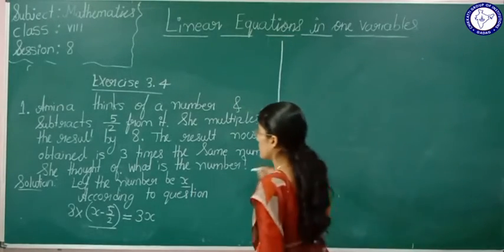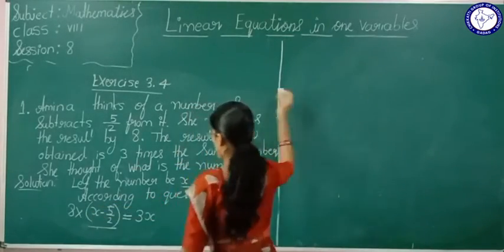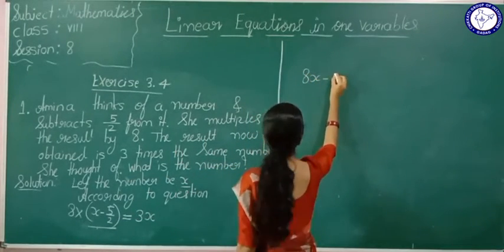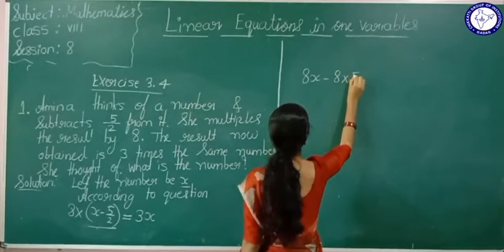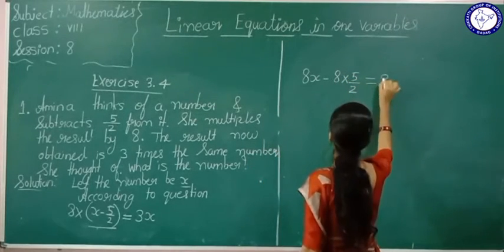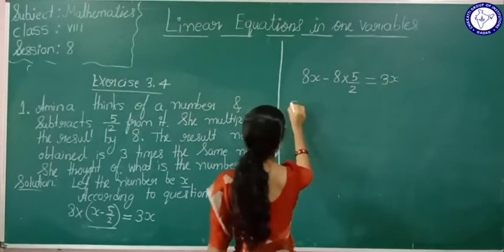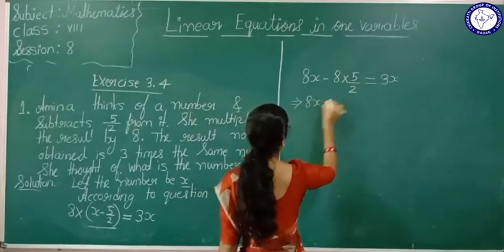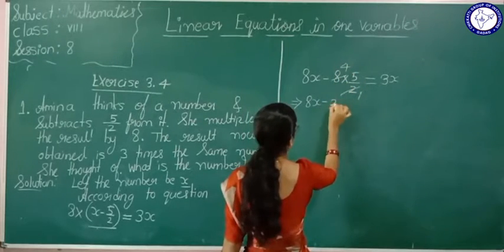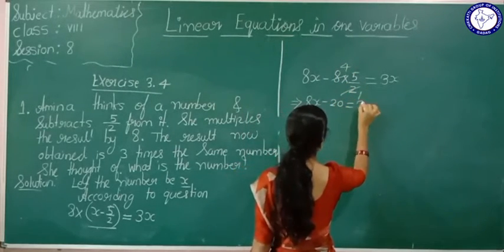Now see here, remove the bracket, it will become 8x minus 8 multiplied by 5/2 is equal to 3x. So this implies 8x minus 20 is equal to 3x.